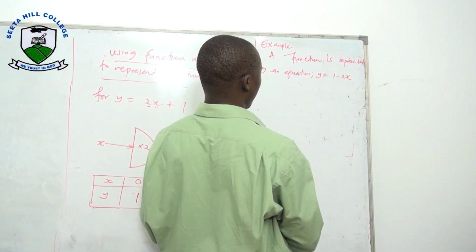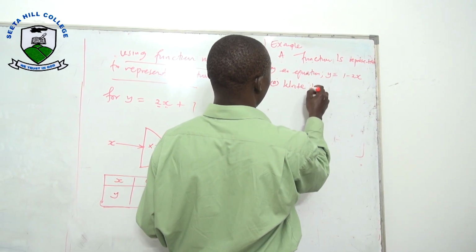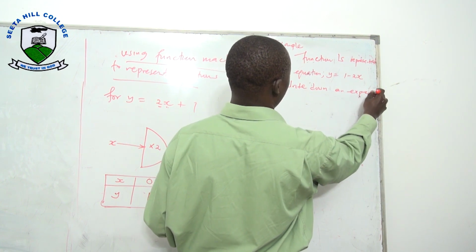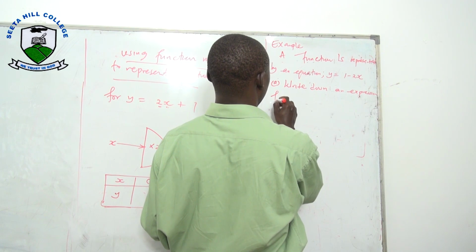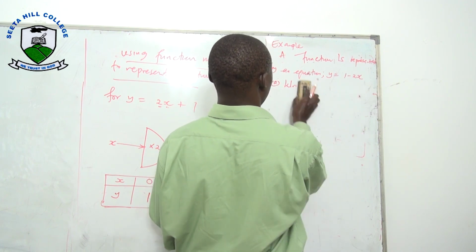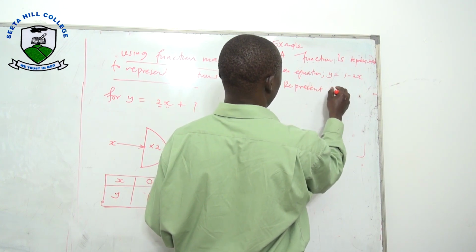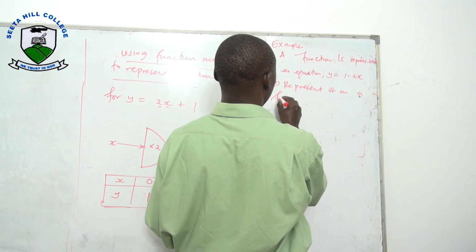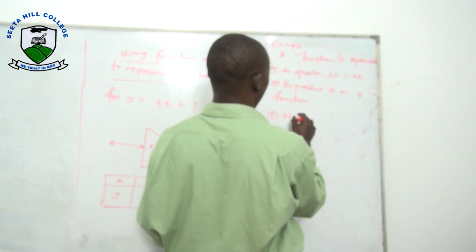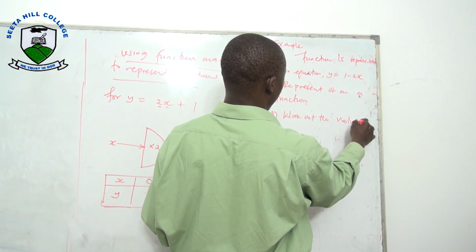A function is given by that. Write down an expression. Represent it on a function machine. Then work out the values of y.